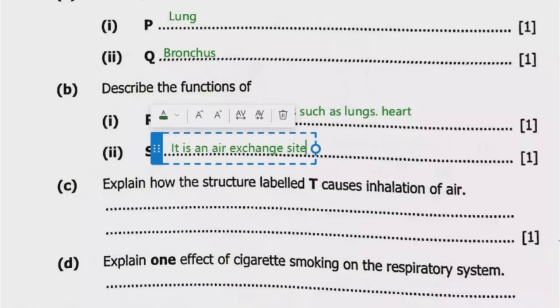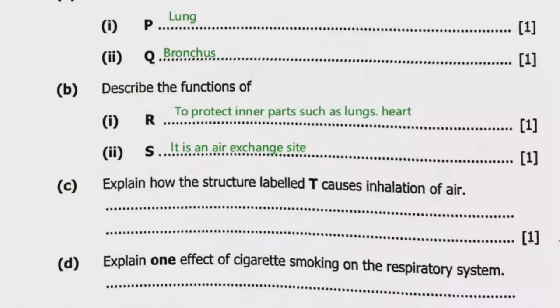Okay, it's an air exchange site. So this is where exchange of air happens, where oxygen from the atmosphere goes into your respiratory system and then reaches the lungs, and then it goes into your body, and then carbon dioxide coming from the body goes out. So this is where exchange of air takes place, that is in the air sac.